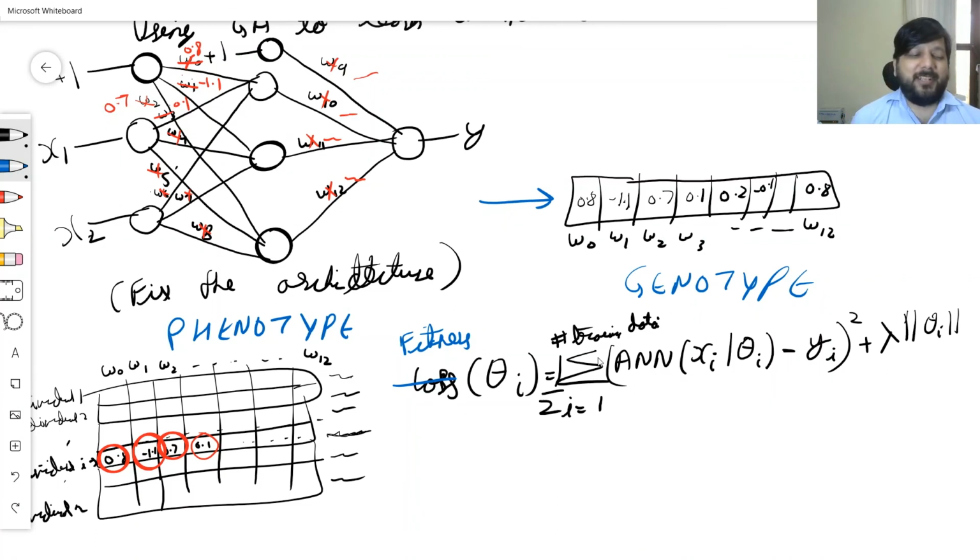So here, if the training data is too large, it's a batch learning. So I'm iterating over the complete batch. It's not many batches, it's the complete batch. It's not sequential where you only train with one data, it's a complete batch.